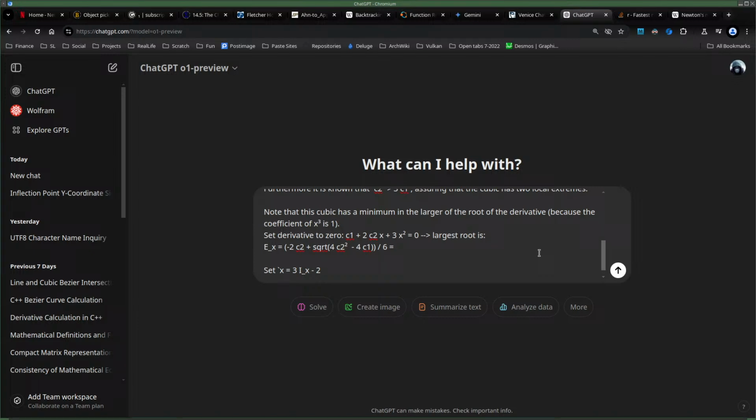I still want to divide that 2 away. Yeah, I'm doing this wrong.